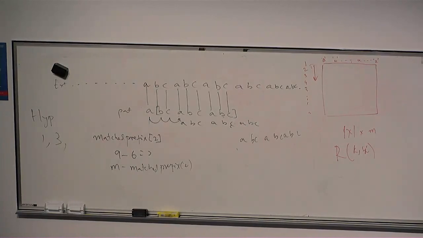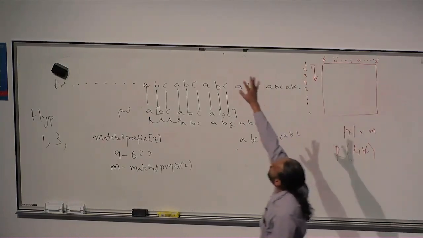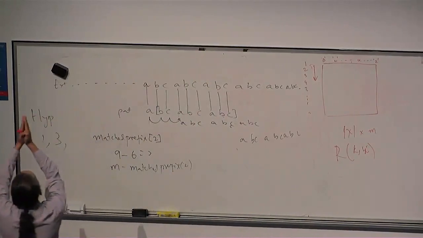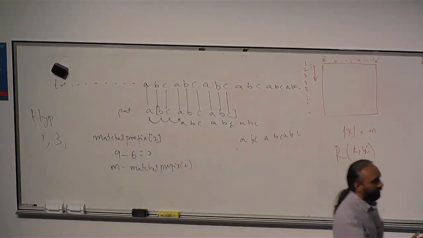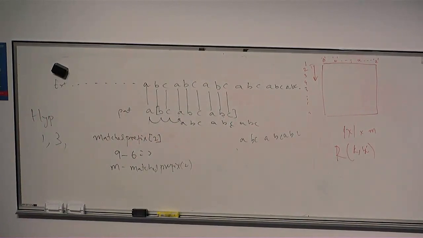So what you're doing in KMP is quite simple. You're at some intermediate iteration, doing a left to right scan: match, match, match, match, match, match, match. At this position the last match was found, and the next character was different.